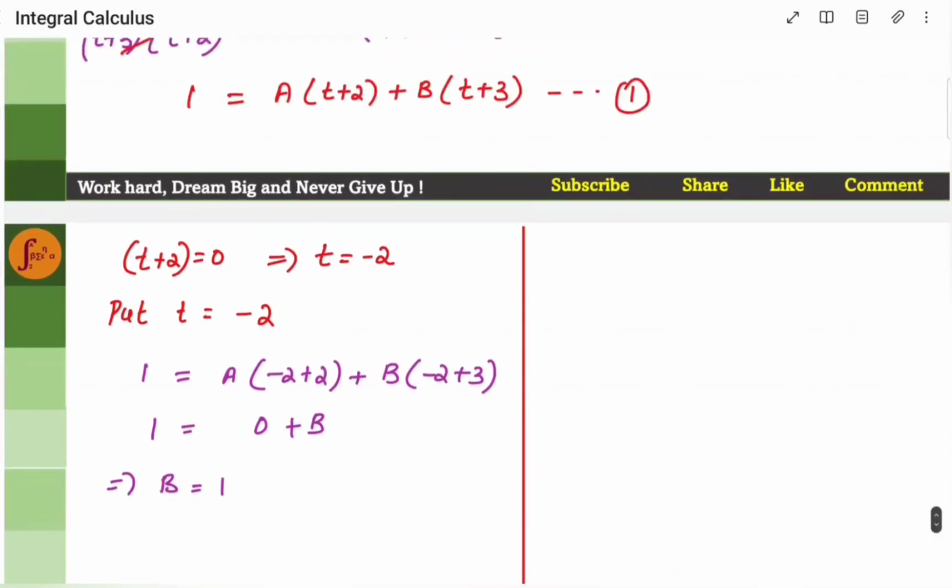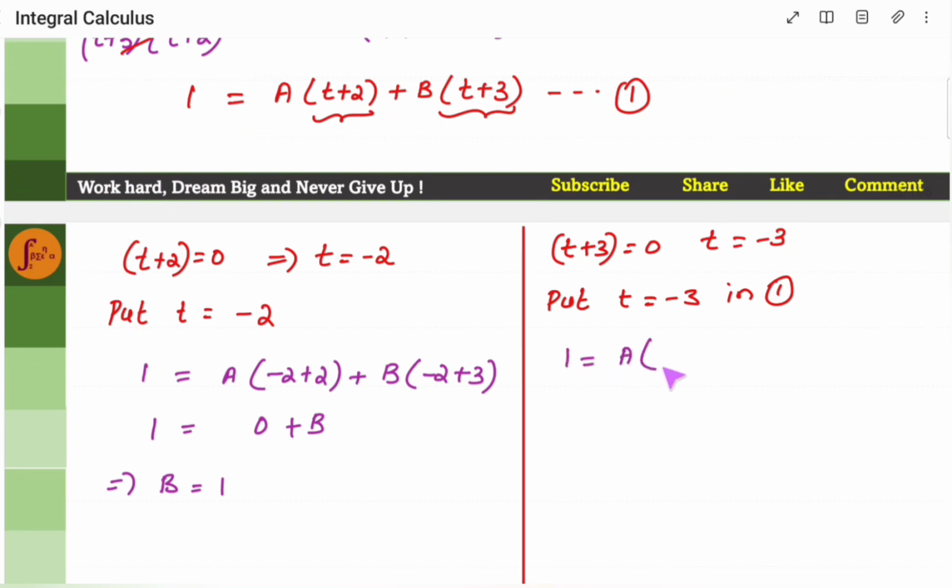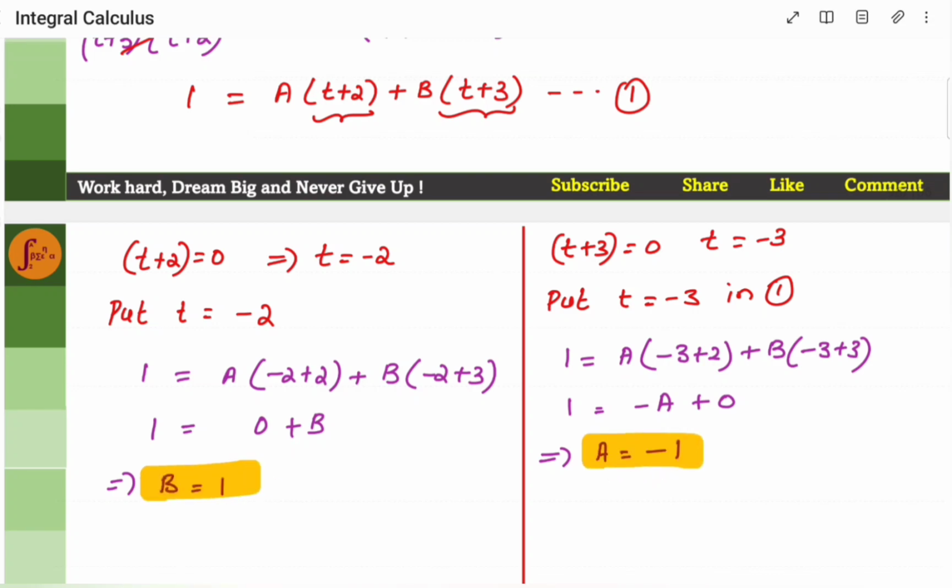Now I'll do the same thing for the second term also. t plus 3 equated to 0, so I get t is equal to minus 3. Put t is equal to minus 3 in equation 1. I'll get 1 is equal to a into minus 3 plus 2 plus b into minus 3 plus 3. So this becomes minus a plus 0 is equal to 1, which is nothing but a is equal to minus 1. So we got the values of a and b.